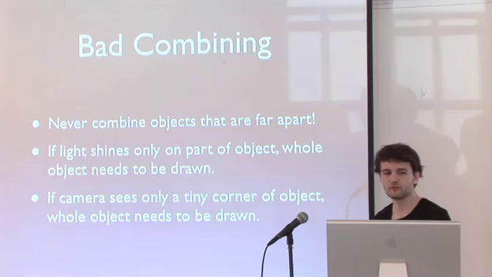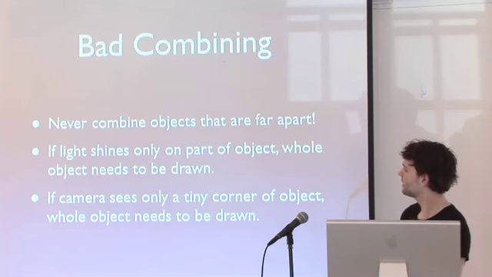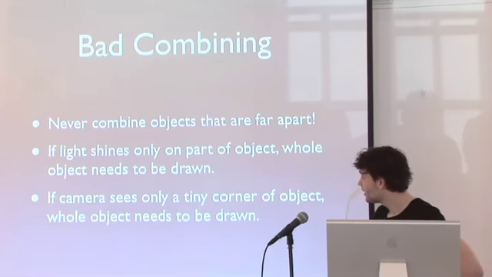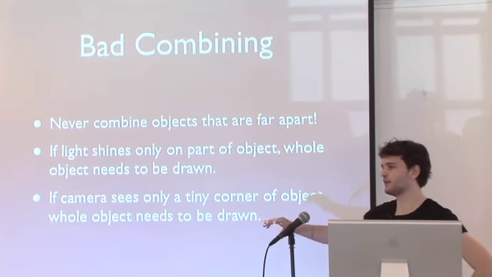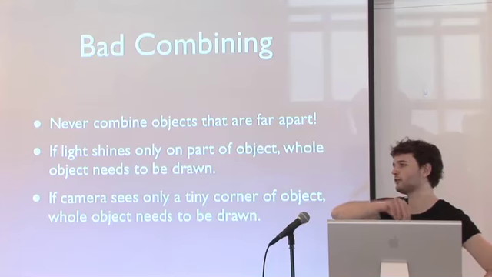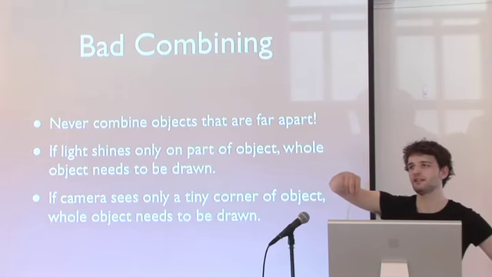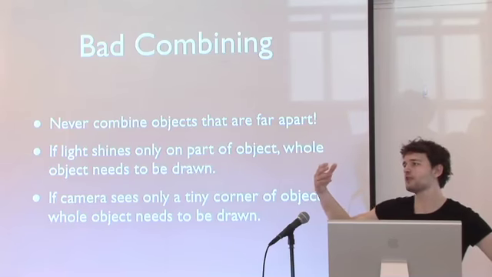So the other reason why it's really bad, and I swapped the slides here if you got a bit confused right now, is if you have a large object and you have multiple lights sitting on top of it, then you have 3 lights per object.